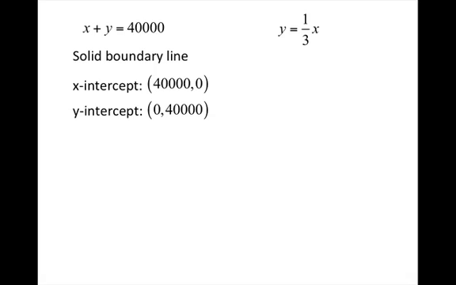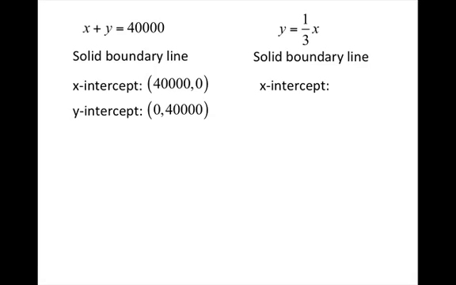For my second boundary line, I would have y equals 1/3 x. This is also a solid boundary line because my original inequality, less than or equal to, had the equal to portion to it. Now, if I find my x-intercept, I let y be 0. So I have 0 equals 1/3 x.